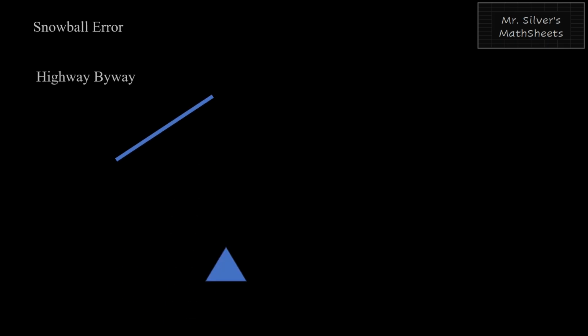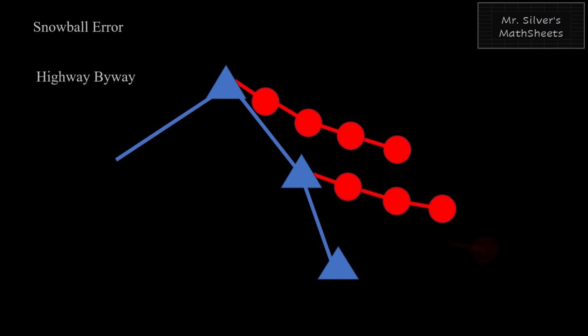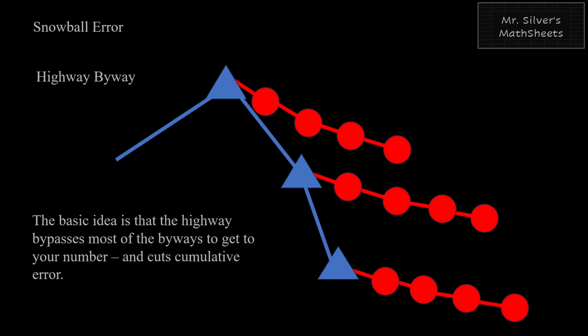Okay, the highway byway: we're going to compute the highway, which are nodes that we can compute quickly, to skip all the side calculations. Then we'll do the byway to get to a particular number. So an example, if we want to do 33, skip to 30, and then add 1, 31, 32, 33.